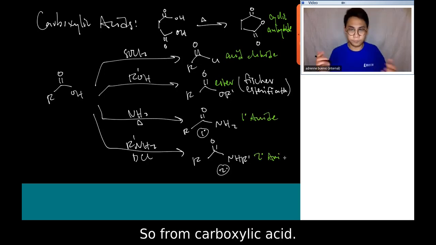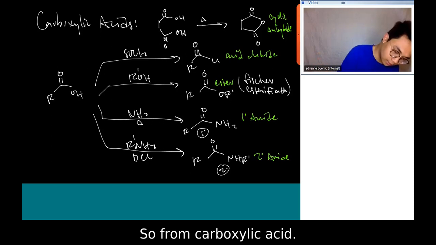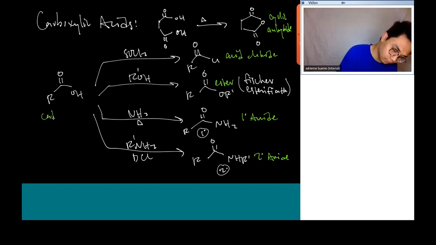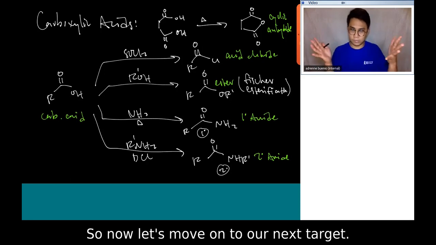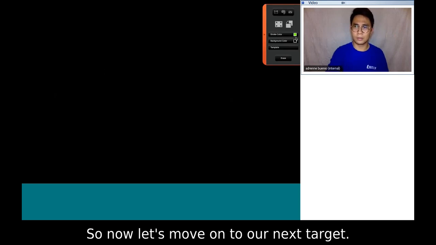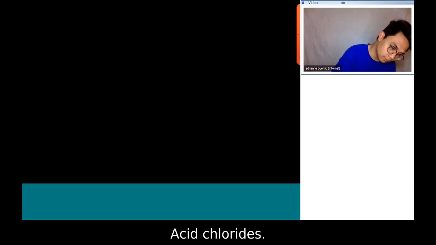So from carboxylic acid. So carboxylic acid can turn into any one of these. So now let's move on to our next target, acid chlorides.